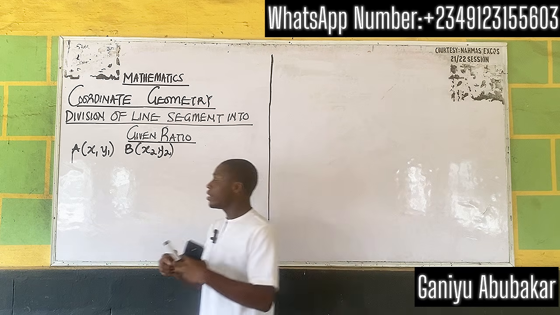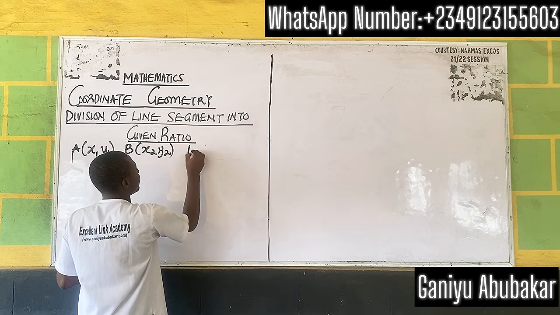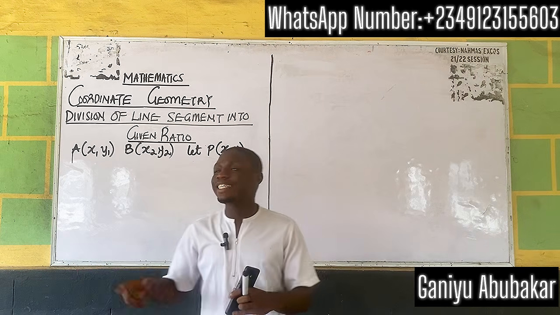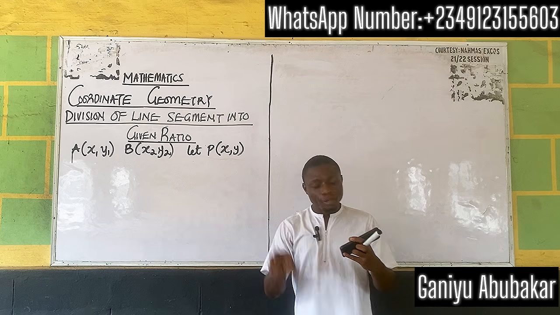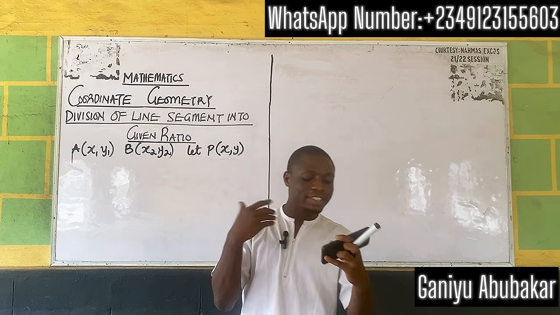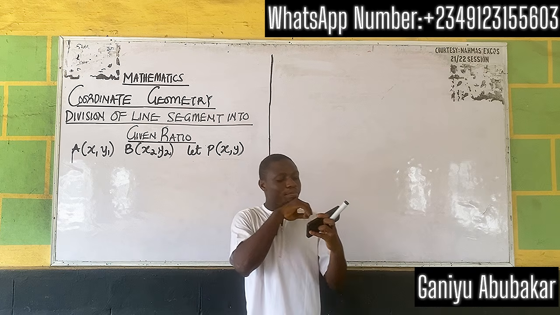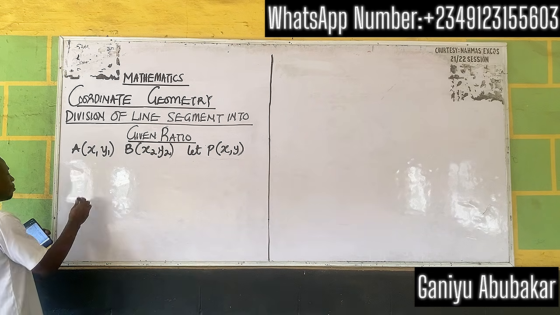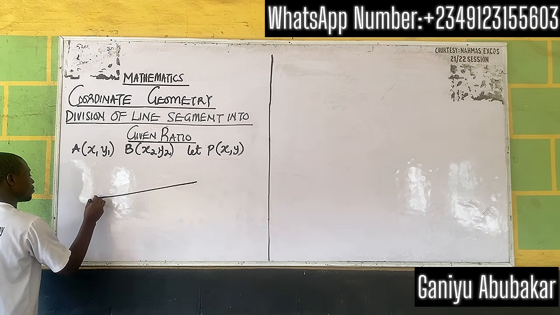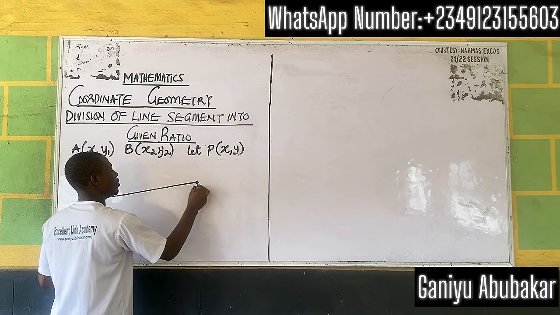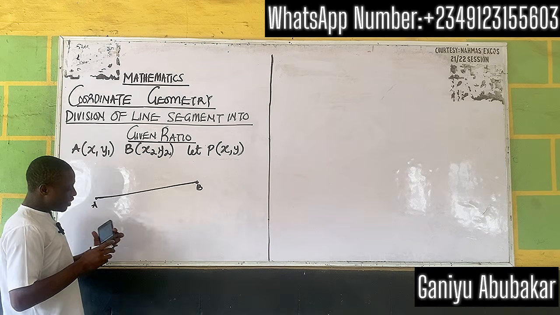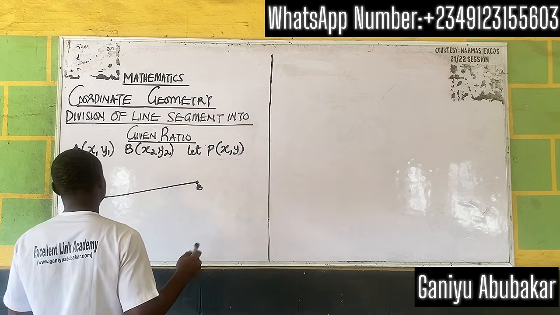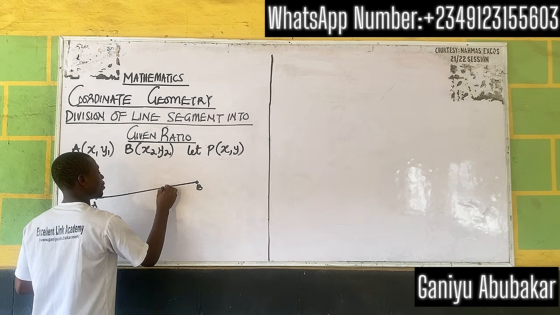And let P, so let P(x, y) be the point which divides the line segment AB internally. The line segment AB.